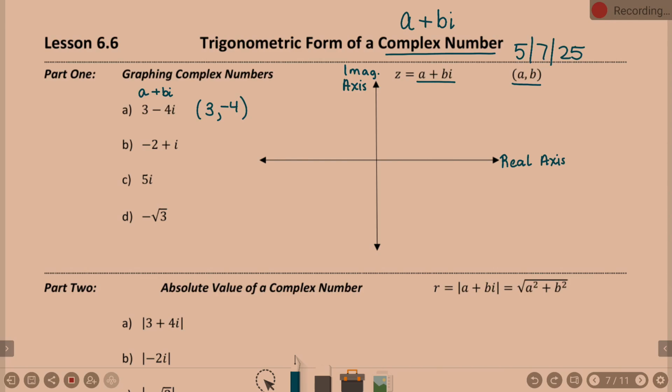Now let's see. Looks like the highest value I see in any of my graphing is 5. So I'm going to put 5 tick marks each direction, just so I can be ready. And in order to graph 3, negative 4, what are we doing?